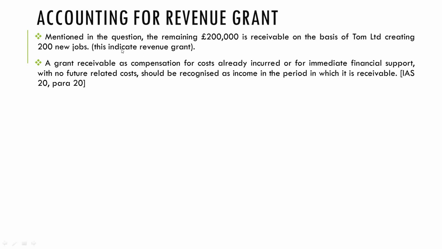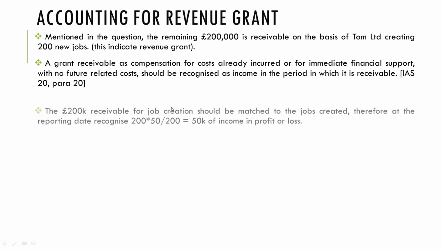So a grant that is receivable as compensation for a cost that is already incurred should be recognized as income in the period in which it is receivable. So meaning that you can recognize part of this 200,000 as part of your income.